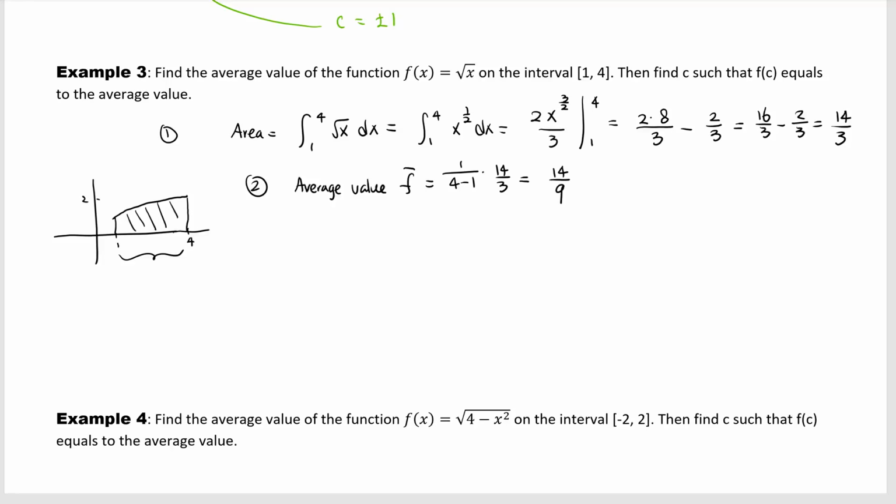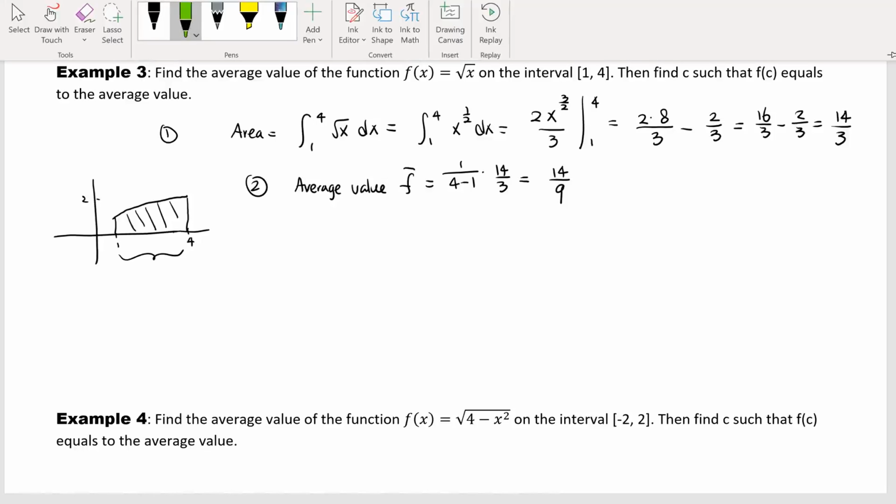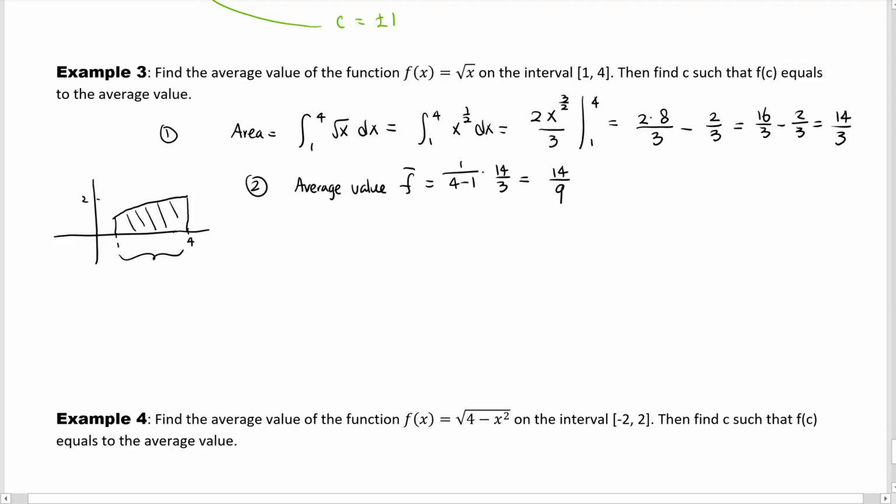Okay, that's the average value. Alright, if we draw a picture, then 14 over 9 is bigger than 1, but less than 2, because 2 is like 18 over 9. So 14 over 9 is slightly smaller than that. So it's like this picture. This is the average value.